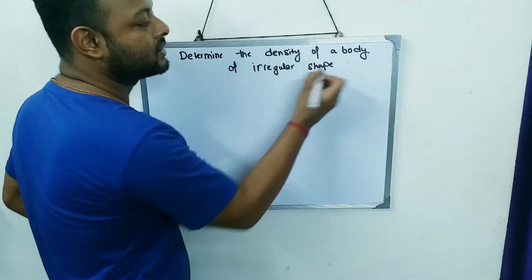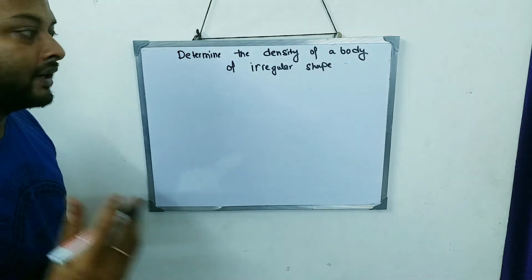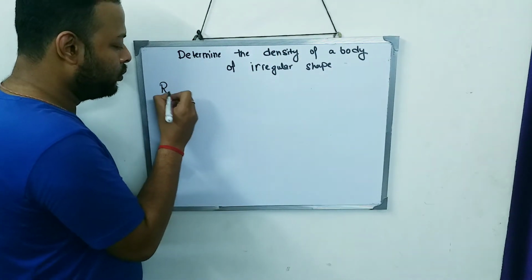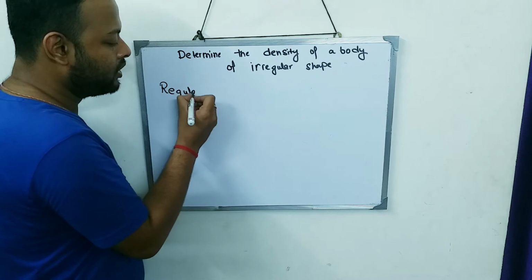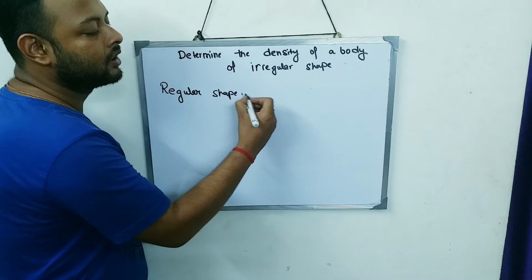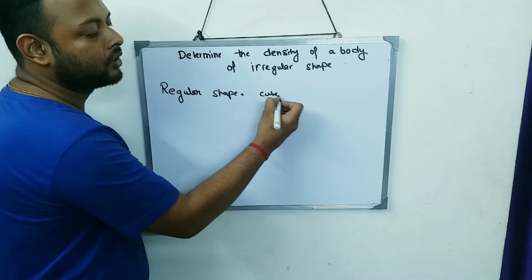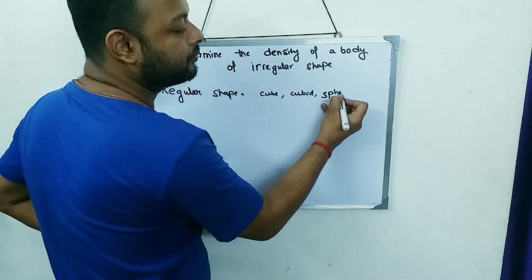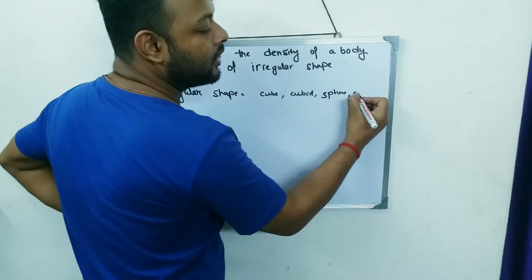Now let's understand it. What is a regular shape? First, before going to irregular shape, we have to know what a regular shape is. A regular shape is a cube, cuboid, a sphere, and cylinder.